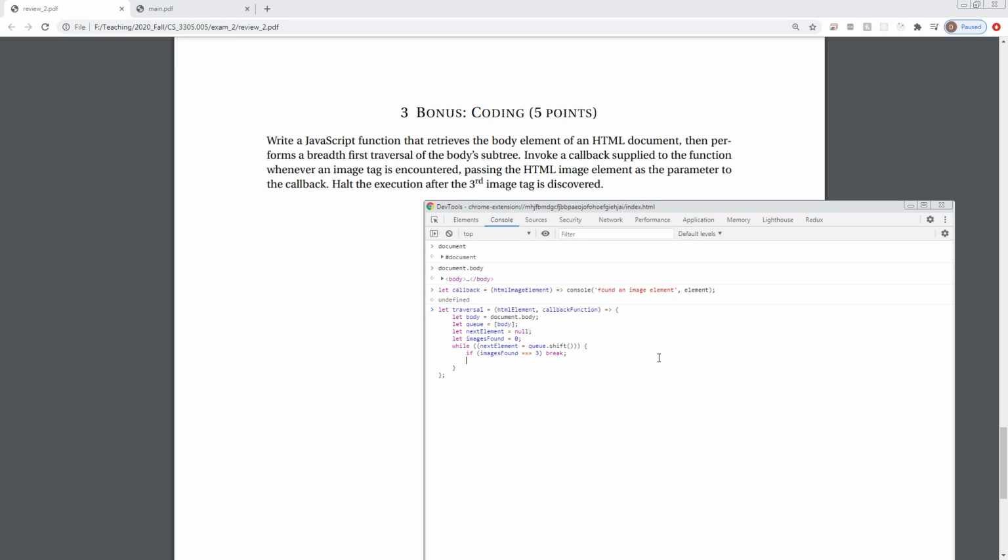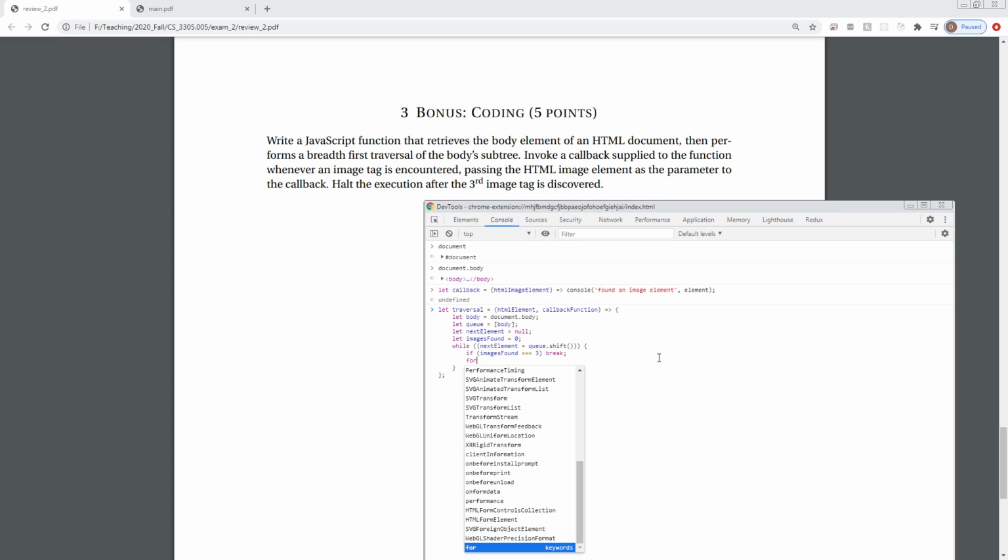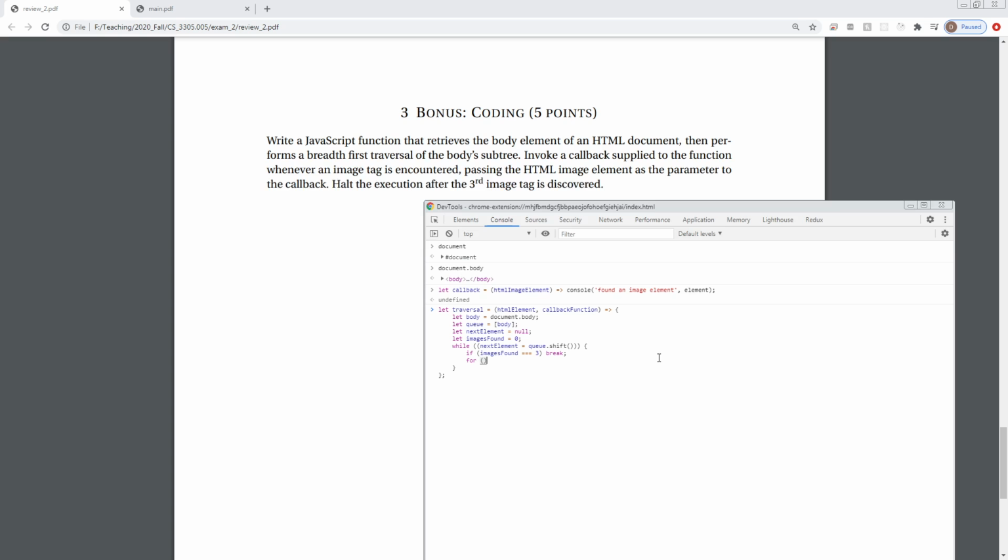Okay, and so we need to loop through all of the children elements of the current node, and then we queue those up, and then after the loop we check to see whether or not our current element is an image element, and if so we pass it to the callback, and then that's it.